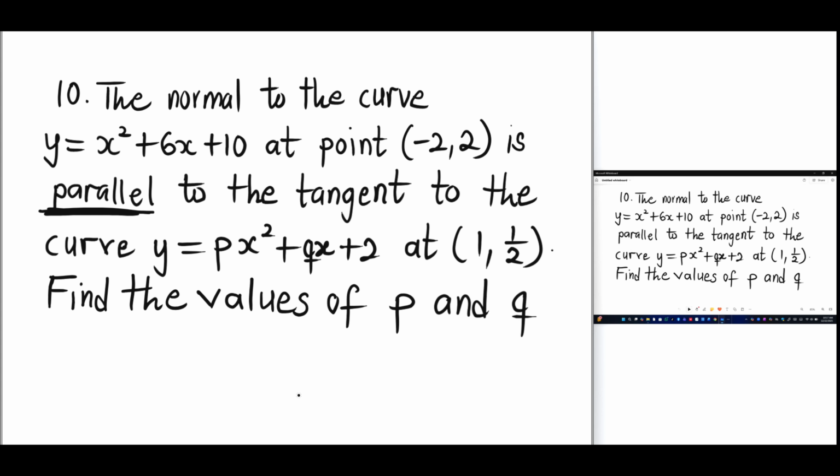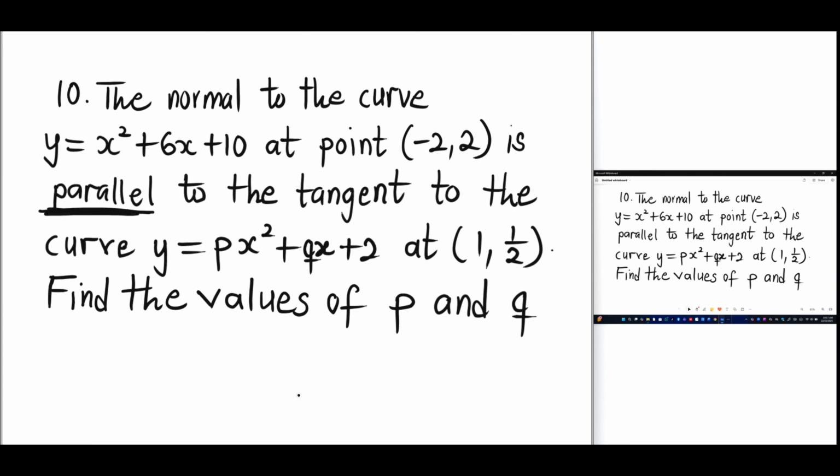But in this case, we have two different curves, and we have a normal of one of the curves given to be parallel to the tangent of another curve. So what you just need to do is to find the gradient of each of the given concepts.